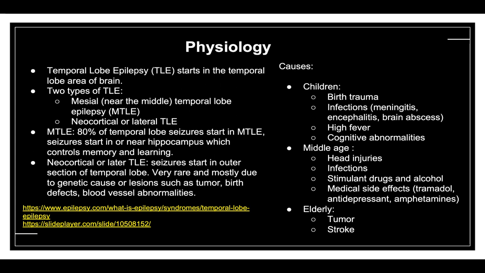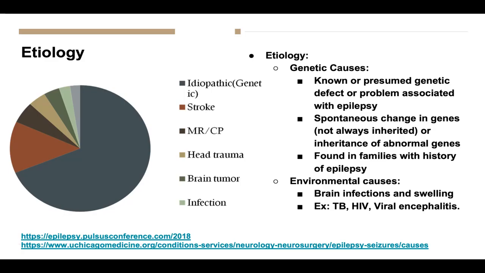In elderly people, two main causes that have been seen to cause epilepsy were tumor or stroke, though there are many that could be underlying. All the information that I'm saying can be found in the link provided below.